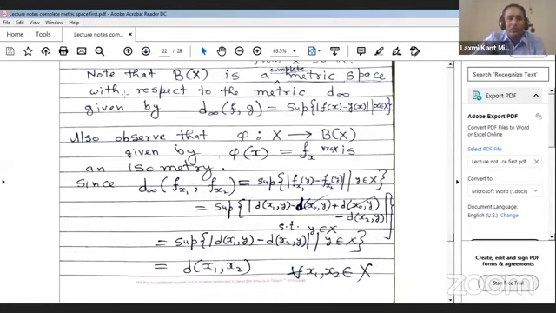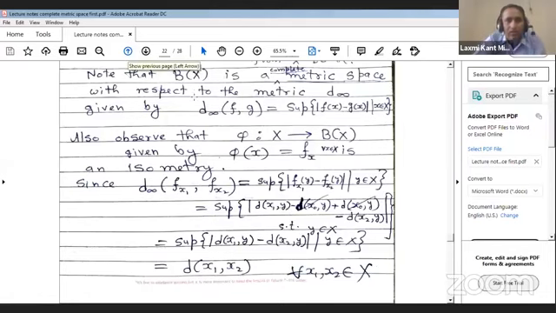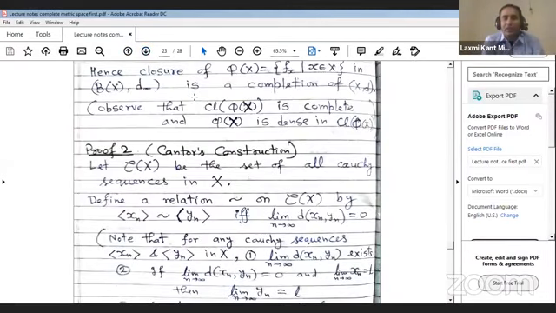Hence, the closure of phi(X), that means the image of phi, is a collection of all fx, and this closure is taken in the subspace of B(X). Our claim is that this closure of phi(X) is the completion of X.